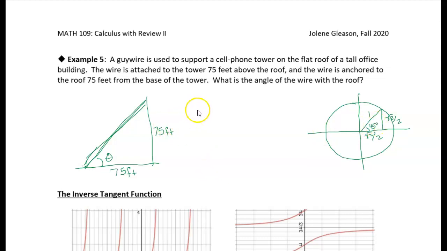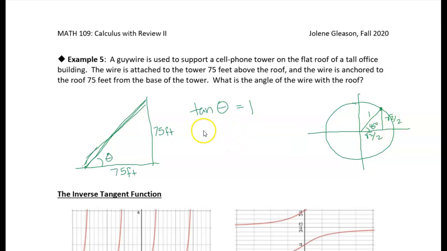All right, so what we're doing is we're looking for the angle that gives a tangent of 1, right? Because the tangent is sine over cosine. The sine is square root 2 over 2, the cosine is square root 2 over 2. If you take the ratio of those, the sine over cosine, you get 1.